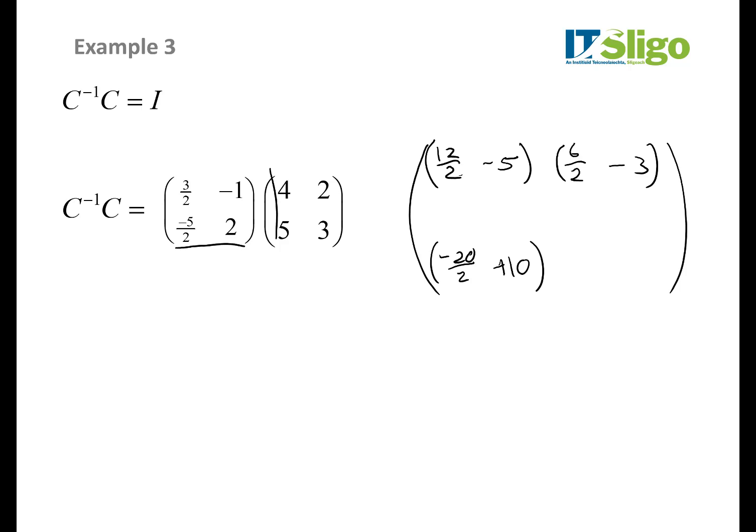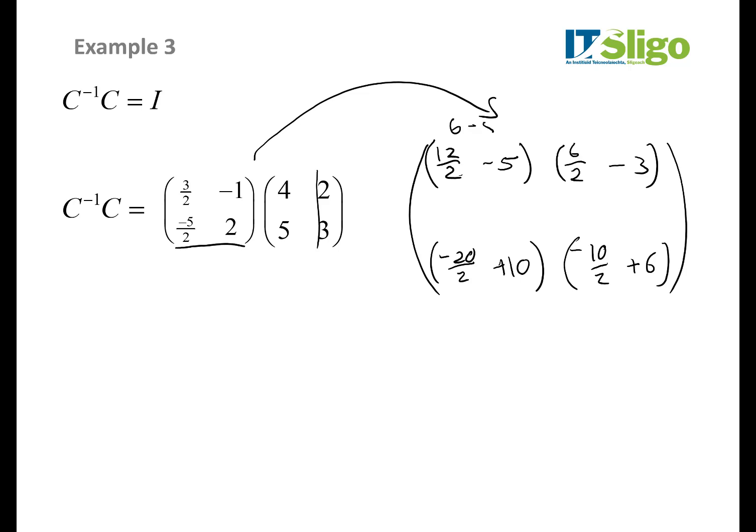And finally then, bottom row by right hand column, minus 5 over 2 by 2, that's minus 10 over 2. And then 2 by 3, that's plus 6. So this is how I'd always go. I don't work out each bracket, I just keep going. And now I go back and I work out each bracket.